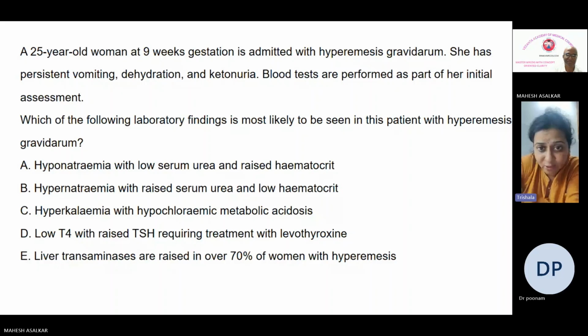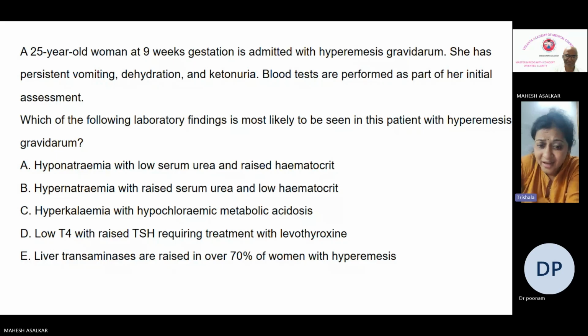B, hypernatremia with raised serum urea and low hematocrit. C, hyperkalemia with hypochloremic metabolic acidosis. D, low T4 with raised TSH requiring treatment with levothyroxine. And E, liver transaminases are raised in over 70% of the women with hyperemesis.